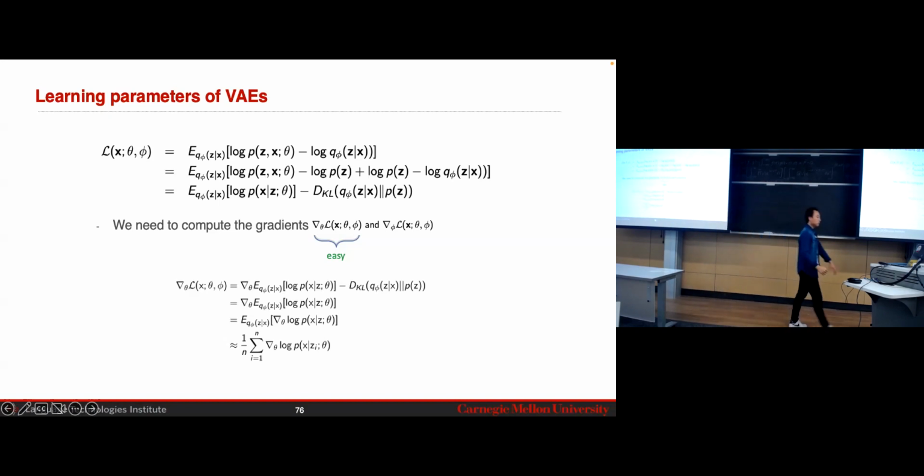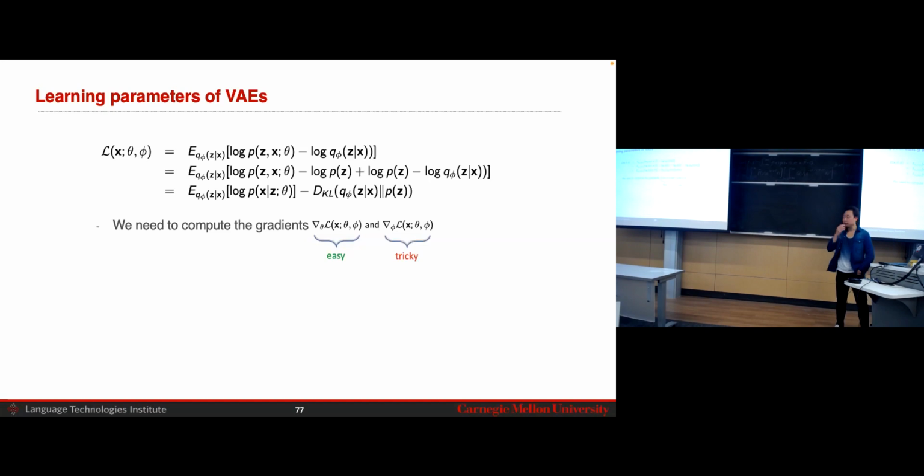So you can move the gradient with respect to the encoder inside the expectation under Q, a gradient of the log likelihood of your data X given Z. So essentially, you can learn the encoder very easily just by approximating the expectation over Z with a bunch of samples.